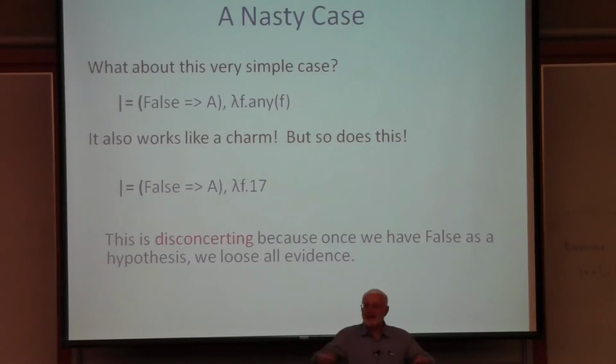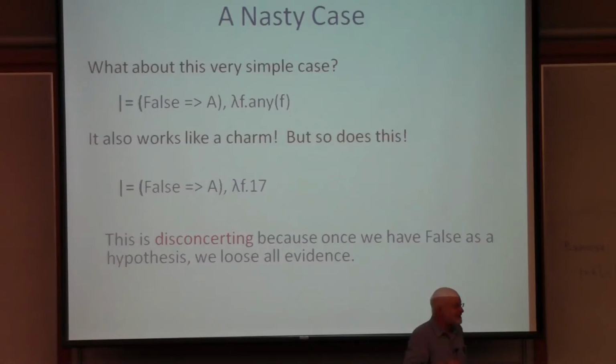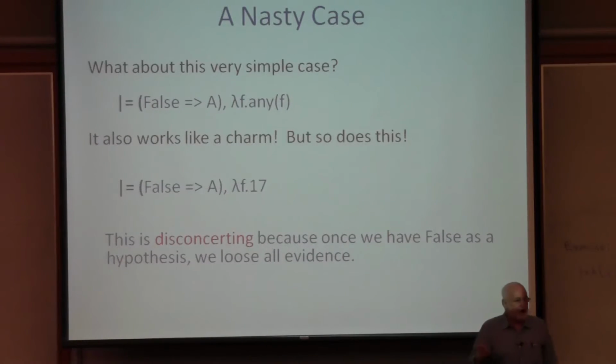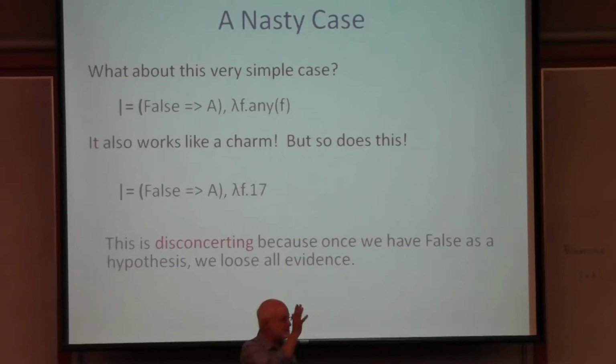We're going to go chugging along here through the realizers, just finding the meaning of it and decomposing. If that was your plan and you wrote an algorithm, somebody would give you this, lambda f dot 17, and your algorithm comes to a grinding halt. And you say, well, I'm sorry, I can't deal with those. And you say, yeah, but that's evidence. That's evidence in my type theory.